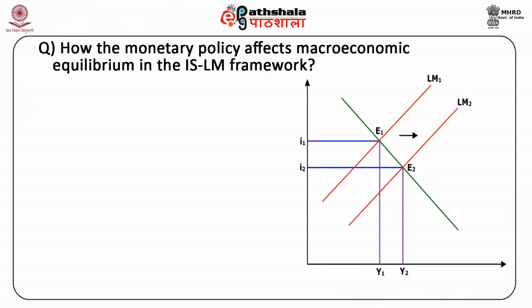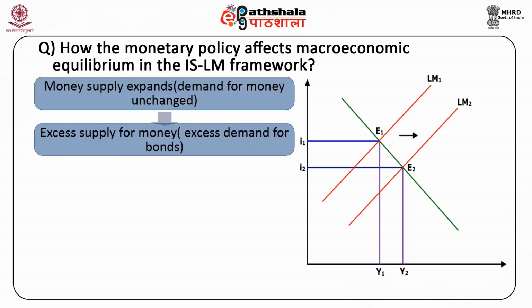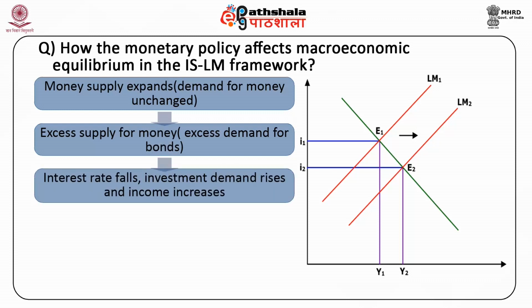Let us understand how this happens. As the money supply expands, with demand for money remaining unchanged, there is excess supply for money, hence excess demand for bonds, due to which interest rates fall. As a result, investment expands and income increases to Y2.